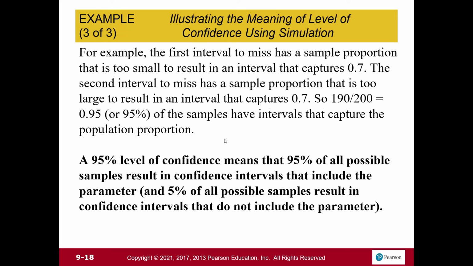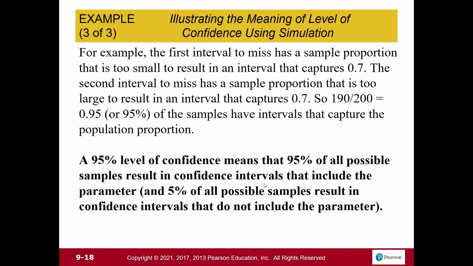So it's important to be able to interpret a confidence interval. A 95% level of confidence means that 95% of all possible samples result in confidence intervals that include the parameter, and 5% of all possible samples result in a confidence interval that does not include the parameter.